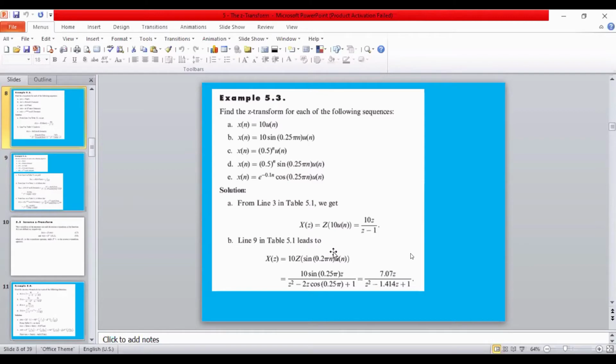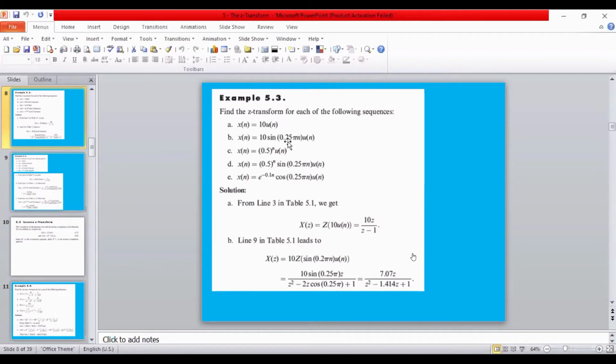For instance, let's pick something which is more interesting. For instance, part B. Imagine that our input sequence, our signal, is a sinusoidal function which has an amplitude of 10 units, and the angular frequency is 0.25 pi, right?